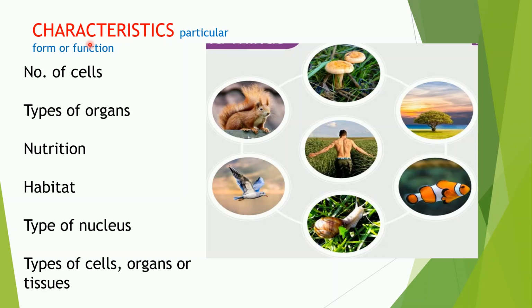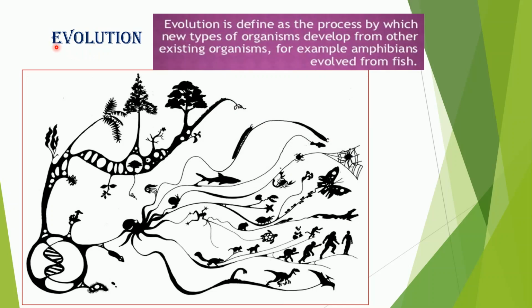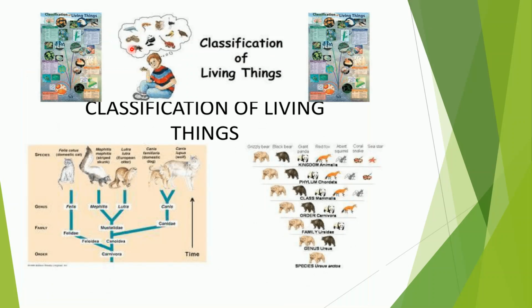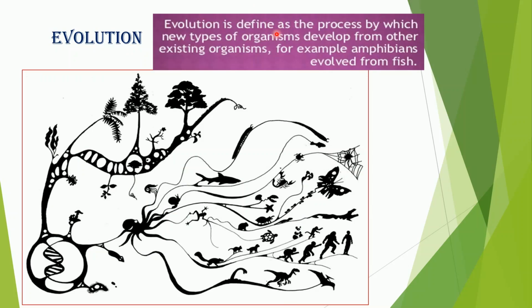Fine. Now another basis for classification would be evolution. I hope you all must have heard this word. What is evolution? Evolution is nothing but the process by which new organisms develop from pre-existing organisms. When I use the word evolve, it means to grow, to develop.